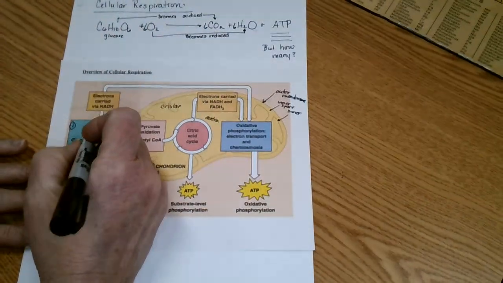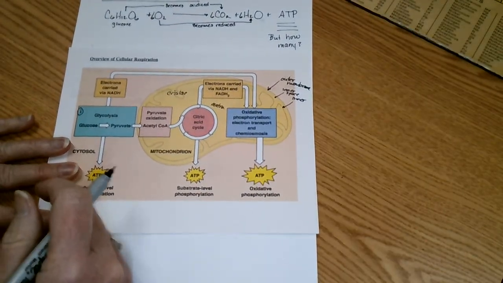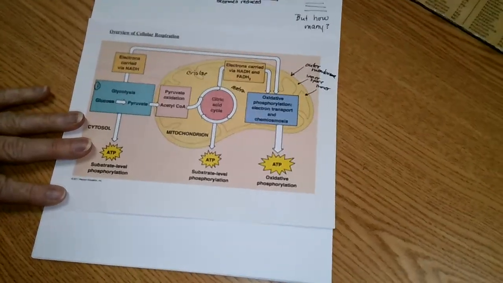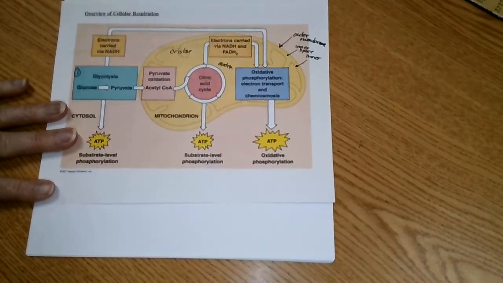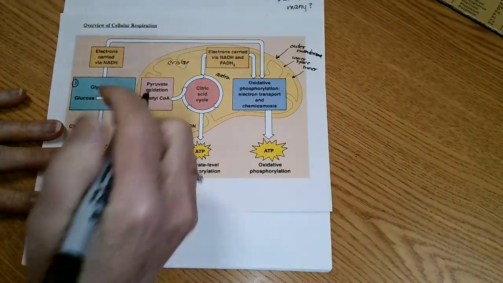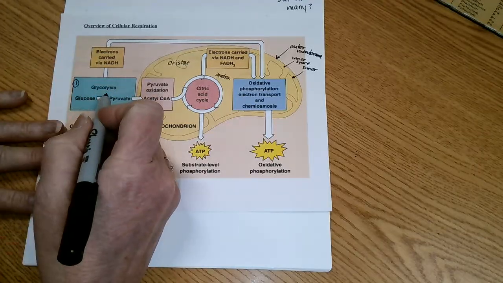One is glycolysis. That is the first step here. I hope this is focusing okay on this diagram here. Let me move this down a little bit, see if that can get it a little bit better. Okay, come on, focus. Good. Okay, so glycolysis is our first step, and we're going to go into the details of that.